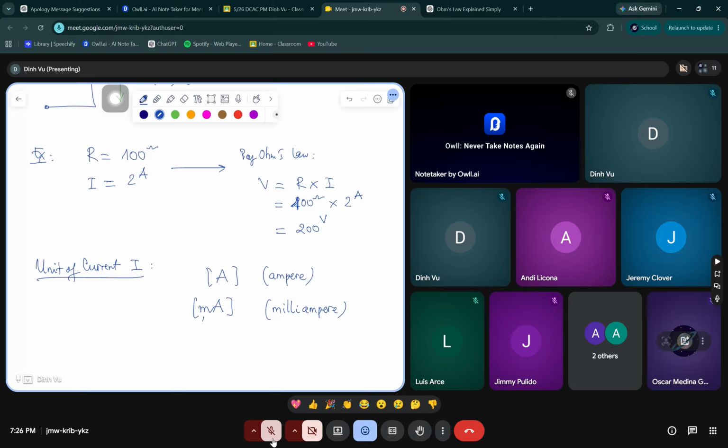The lowercase letter m stands for milliampere.